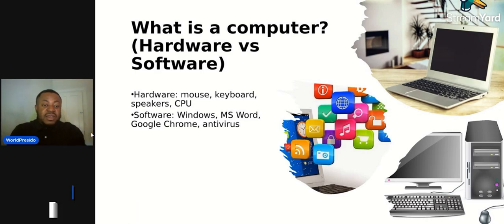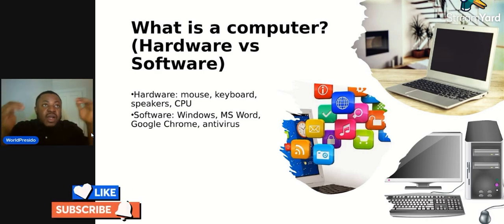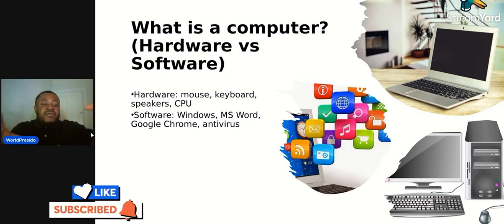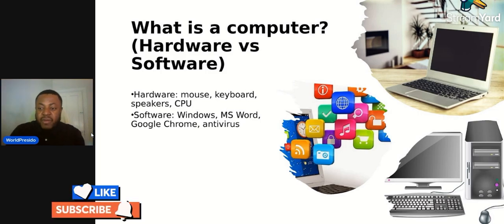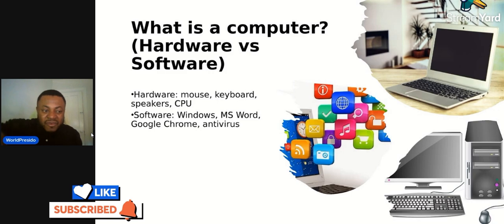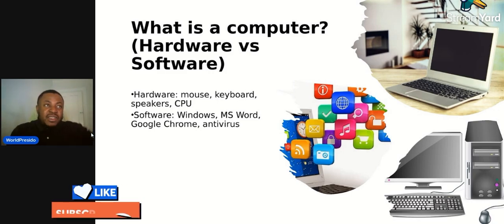And the hardwares, you don't have to cram it. Just try to think about it. The hardwares are the physical parts you can touch, like what you're seeing on the screen. You see the laptop. These are physical. You can see them, you can touch them, you can feel them. The keyboard, the mouse.